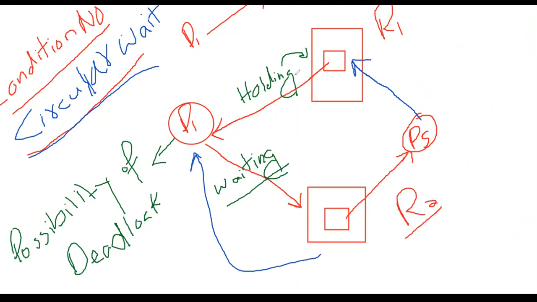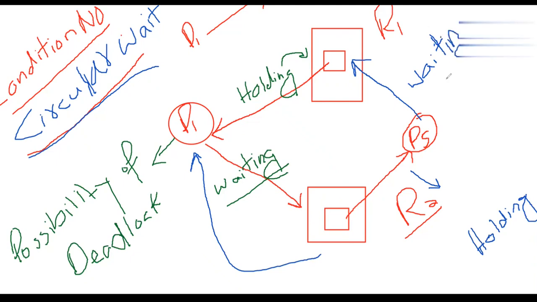So now you can see a circular shape occurs here. Why? Because P5 is also in a holding and waiting situation, okay? So P5 is holding R2 and P5 is waiting for R1, okay? And just because of this holding and waiting, this situation is created.